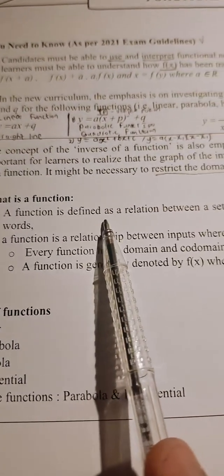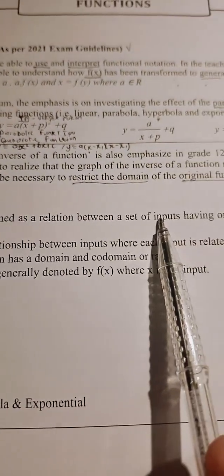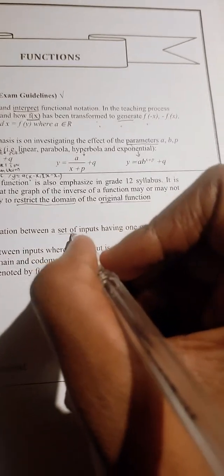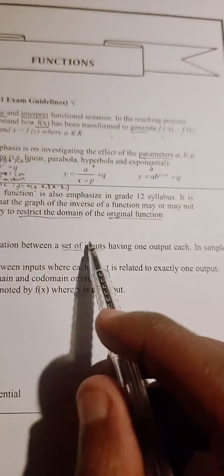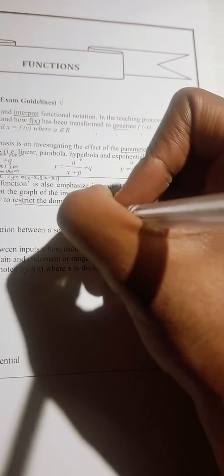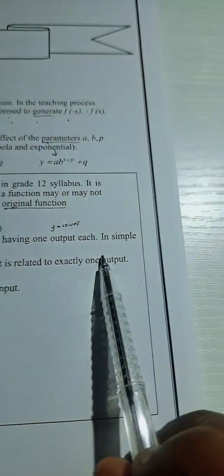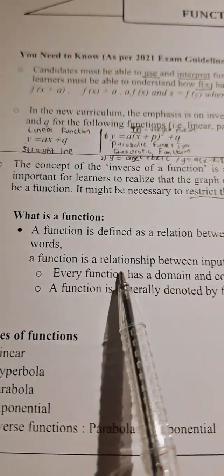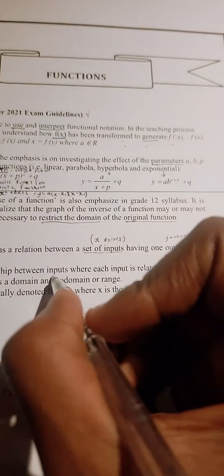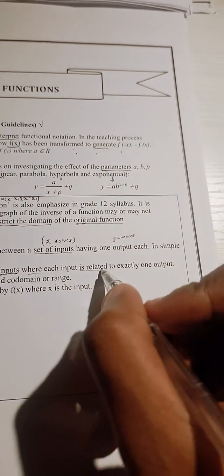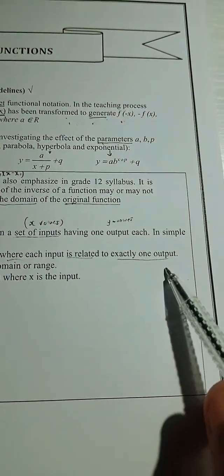What is a function? A function is defined as a relation between a set of inputs, and by inputs, guys, we are specifically referring to our x values, having one output each, and by outputs we mean the y values. In simple words, a function is a relationship between inputs where each input is related to exactly one output.